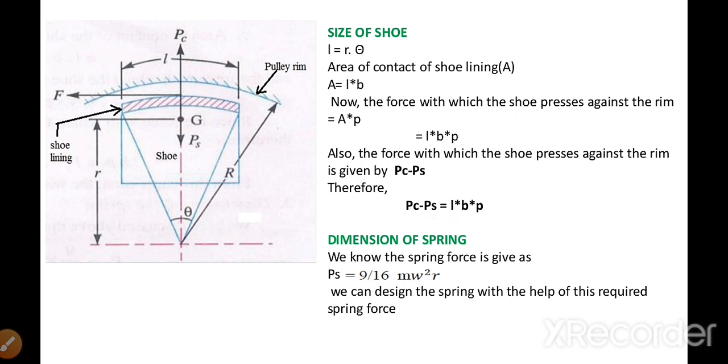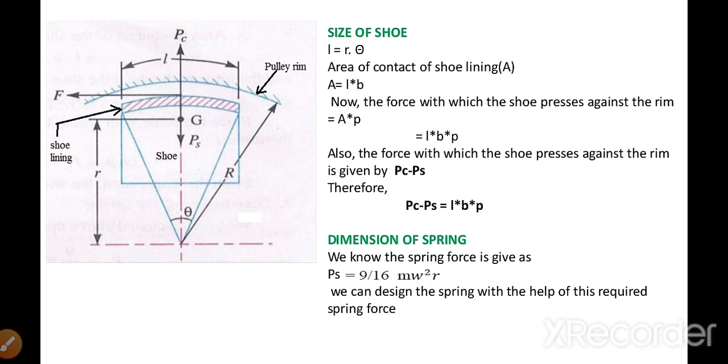From this formula you can find out the size of the shoe, and as we know the spring force is given by Ps equal to 9 by 16 m omega square r, the spring can be designed with the usual procedure. Already we know the spring design.